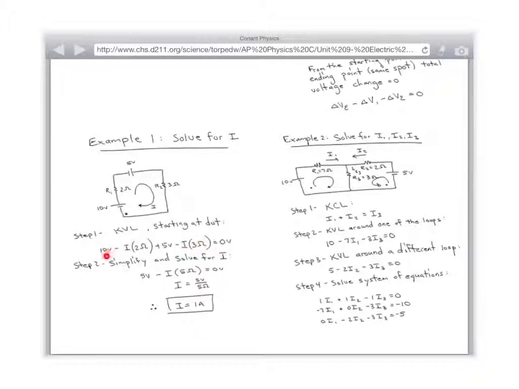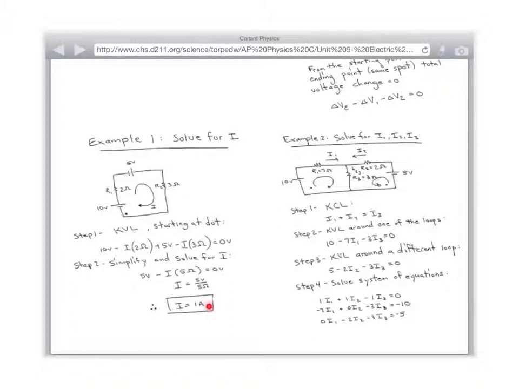Combine like terms, and you're left with current equals 1 amp. You see how we did that? So if it loses a lot, it has to gain that same amount. Exactly. If it loses 12, it's got to gain 12 in order to get back to 0 again.